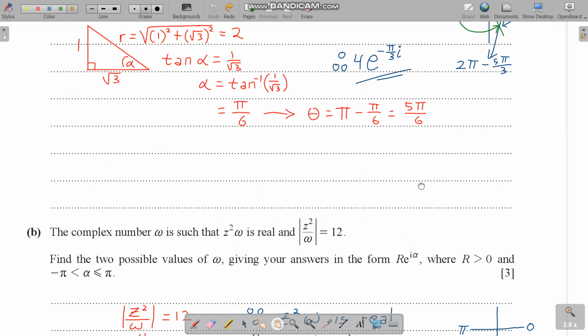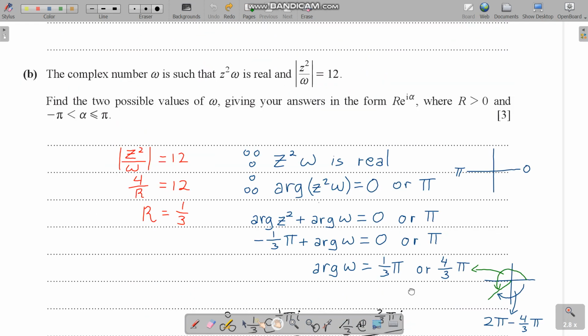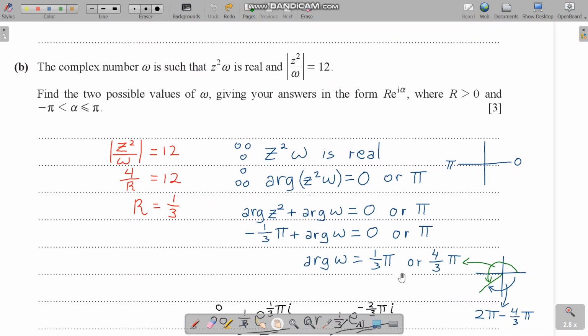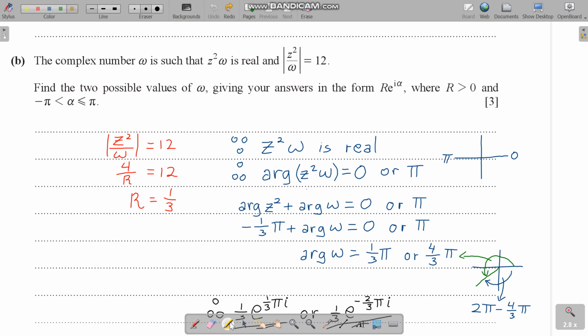Now the next part: complex number omega is such that z squared omega is real. This is important. And the modulus of z squared over omega equals 12. So let's start with the modulus of z squared over omega equals 12.